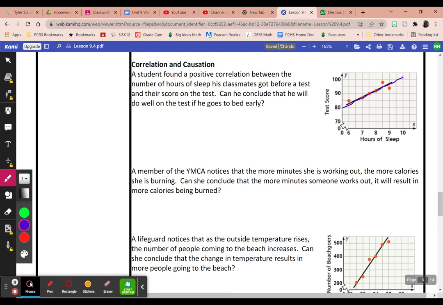But we know that means people are refreshed and ready to go, but it doesn't necessarily mean that they've studied and that they know what the answers are going to be to the test, right? Sleep just helps you focus and kind of move forward. So this one would be not necessarily, right? Just because you go to bed early doesn't mean you're going to do really, really well on your test. You also have to study. So there are other factors helping us determine that number, okay?